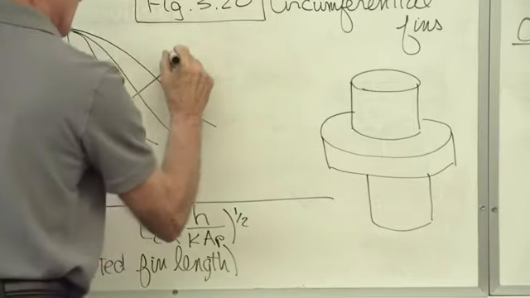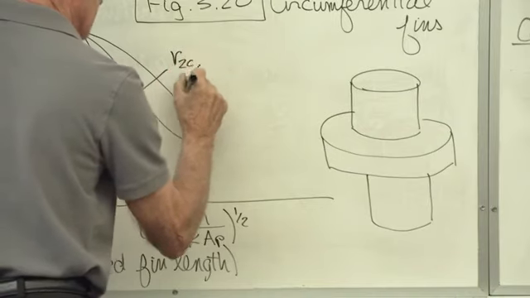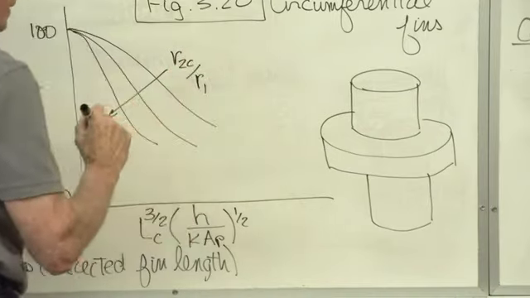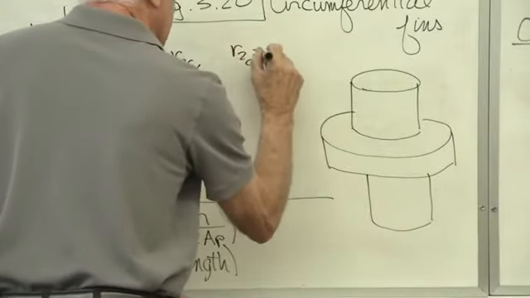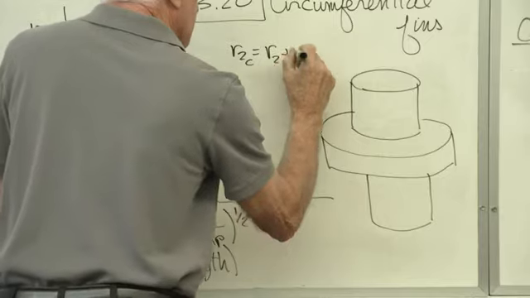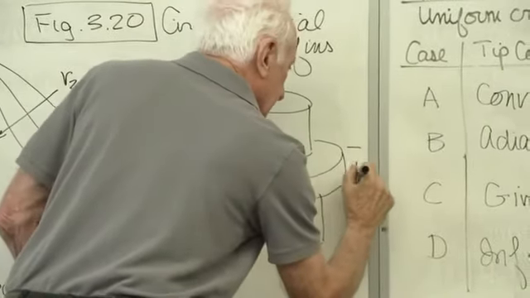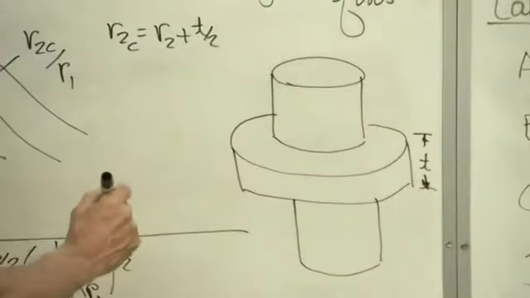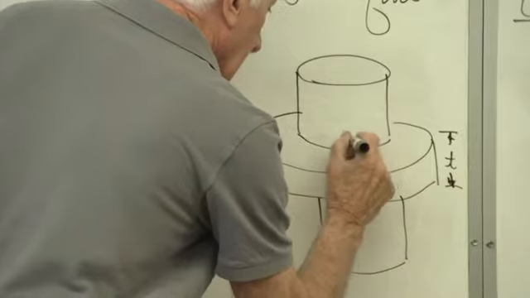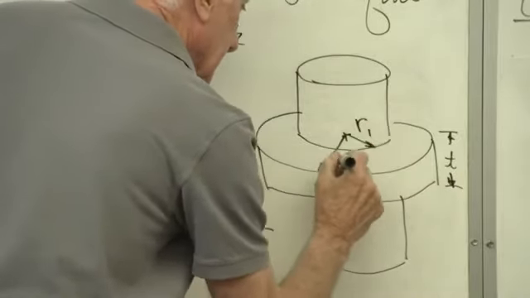Each line is for a different radius ratio. R2C equals R2 plus T over 2. T is this distance, the thickness of the fin. R1 is this radius. R2 is this radius.